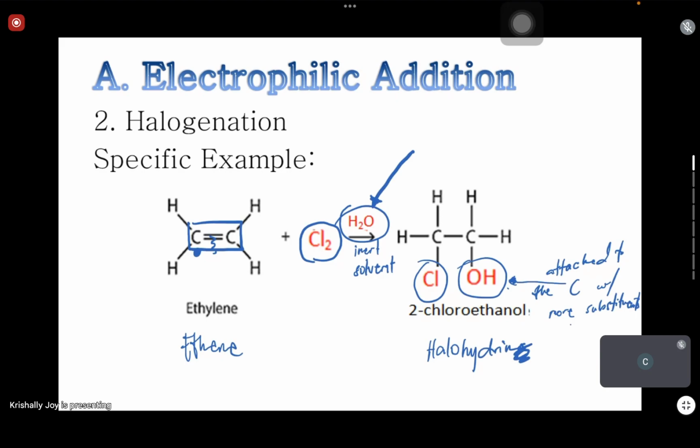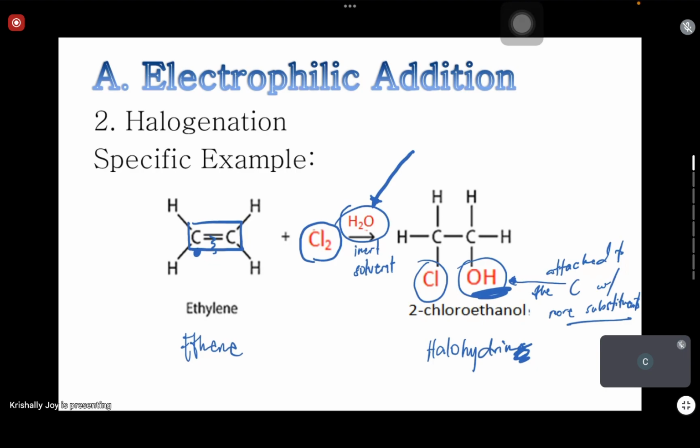Okay, sige, later. You will realize later on, no? If after we discuss the next na type of electrophilic addition, saan mapupunta yung OH. Kasi we actually have an empirical rule to predict the product, the correct attachment of this electrophile if it involves an OH, a hydrogen, or a halogen.